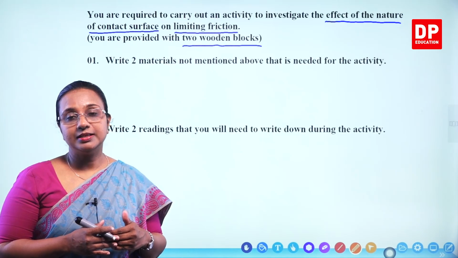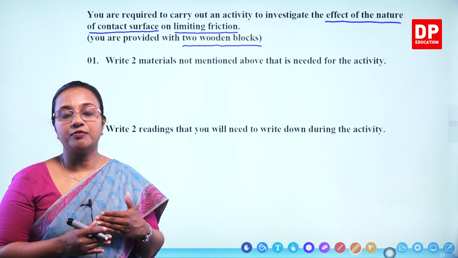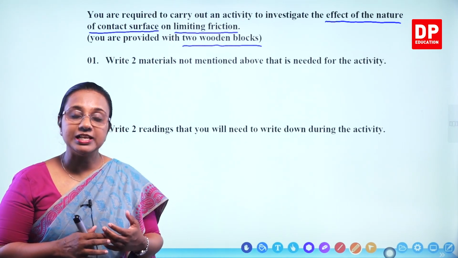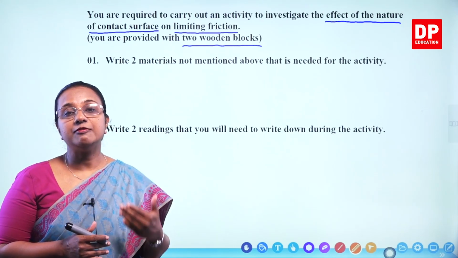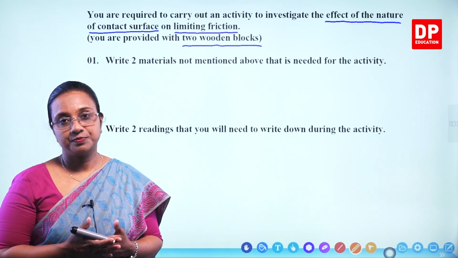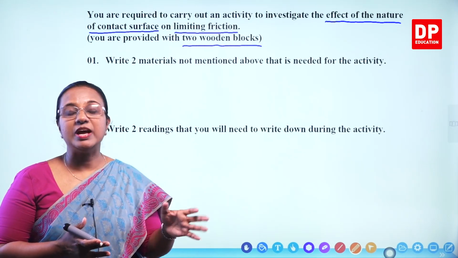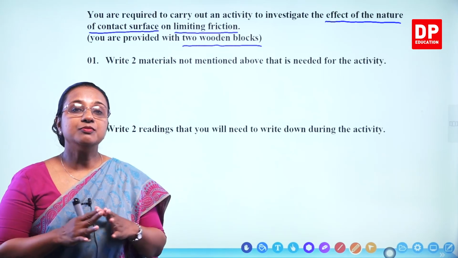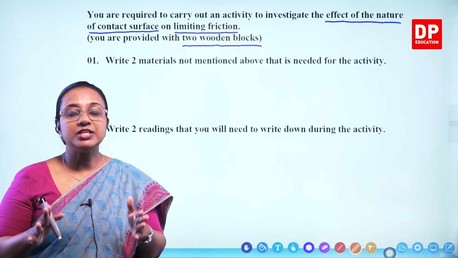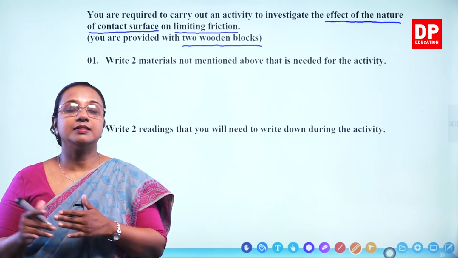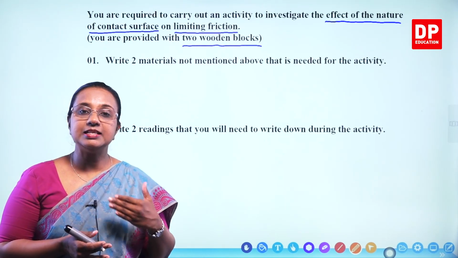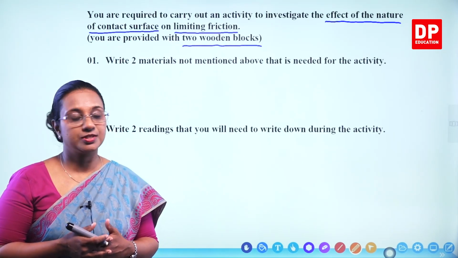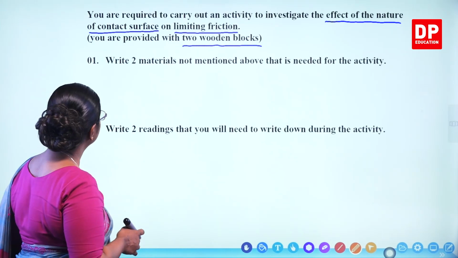And we get the reading of the Newton balance, which will give the limiting frictional force, that is just when the block starts to move. And then we compare the force needed to just make the block move. That is the limiting frictional force. So let us answer the questions.